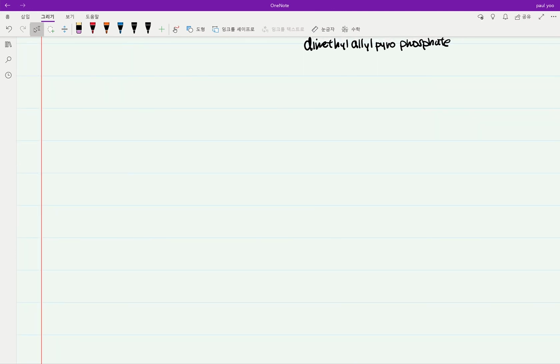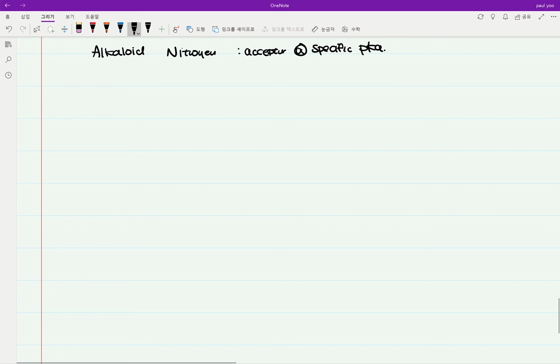Another natural product class, alkaloid. It contains nitrogen, used as an electron acceptor at specific pKa, a lone pair acceptor, and many of these are derived from amino acids.